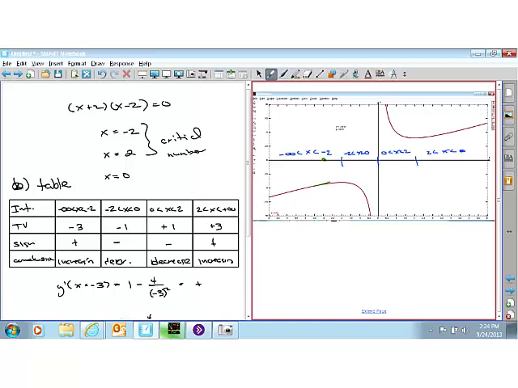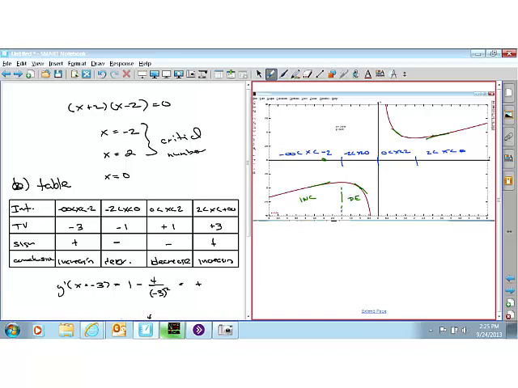negative 3. We found out what the derivative is, and you can see it has a positive slope, so it's increasing. We evaluated the slope at x equals negative 1, which has a negative slope. We went to x equals positive 1, and found that has a negative slope. And we go to x equals 3, which is right here, and you can see that has a positive slope. So what we can see by these green lines, positive slope, increasing until we get to here.